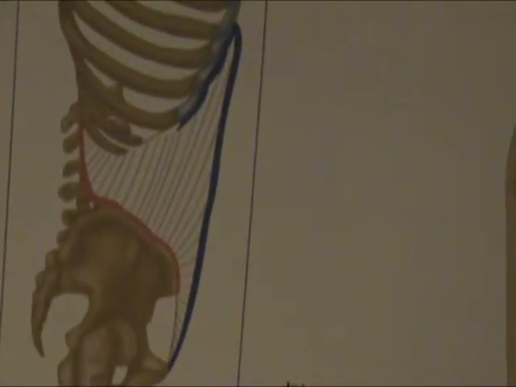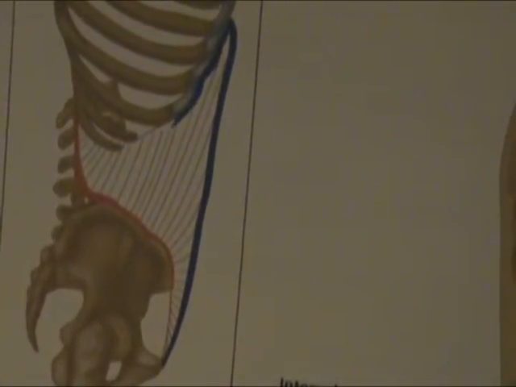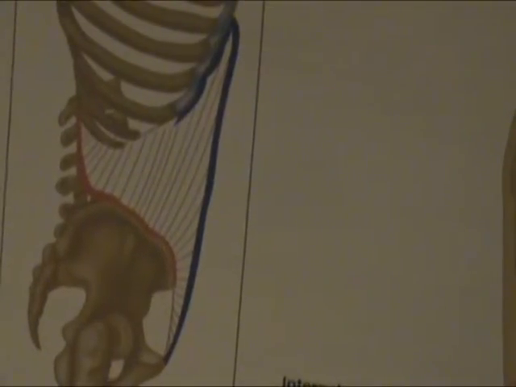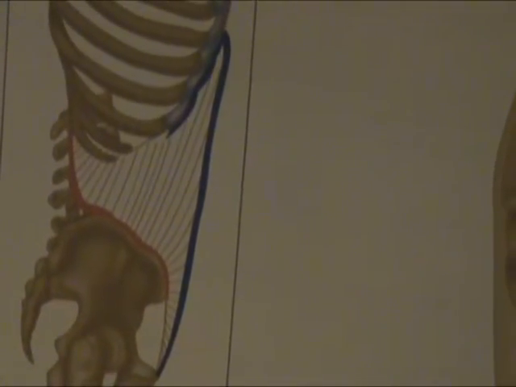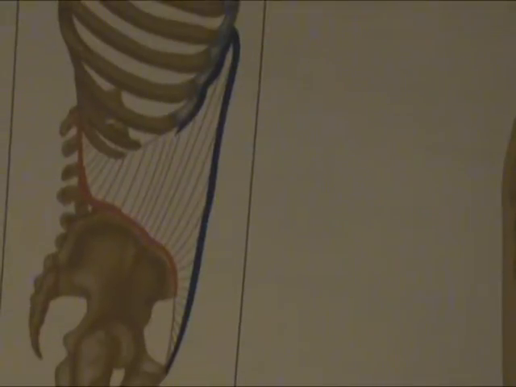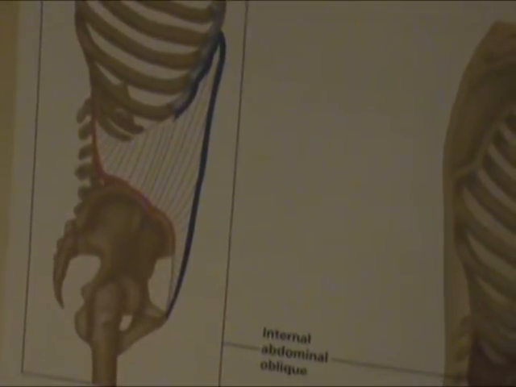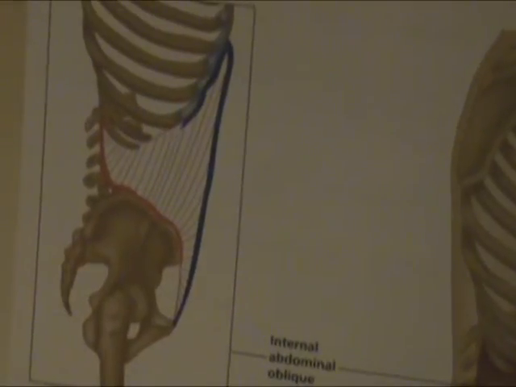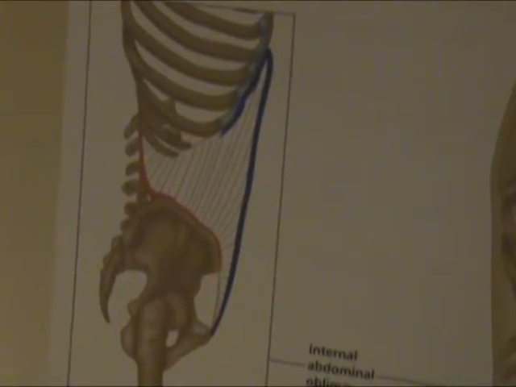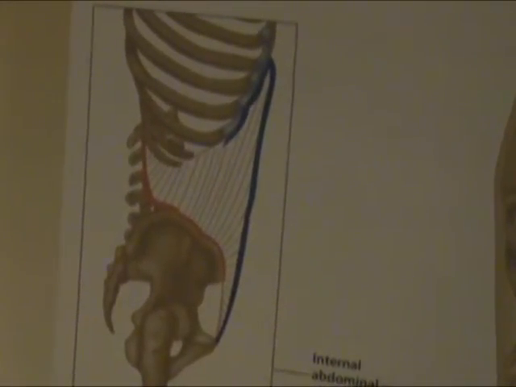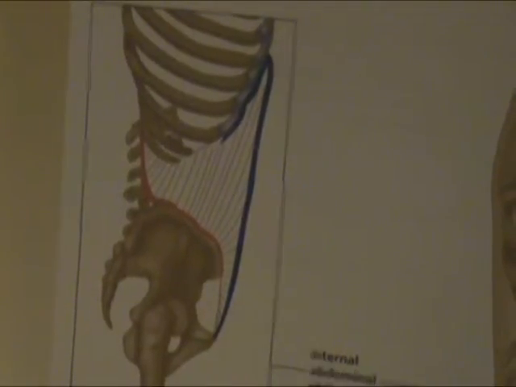The insertion is the linea alba and the lower 4 ribs. Again, the joint for the internal obliques would be the spine, and the action is to flex the spine, compress the abdomen, and also rotate the spine.